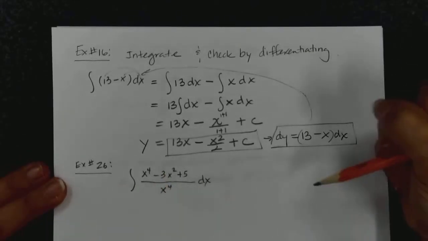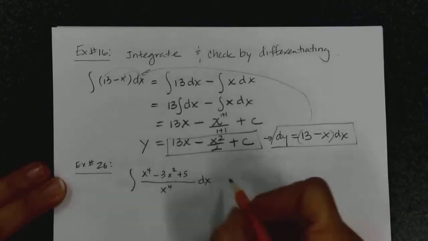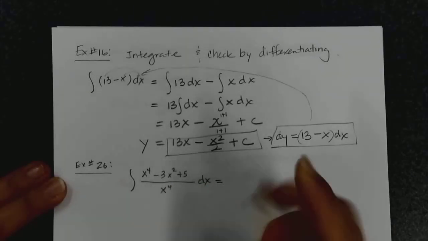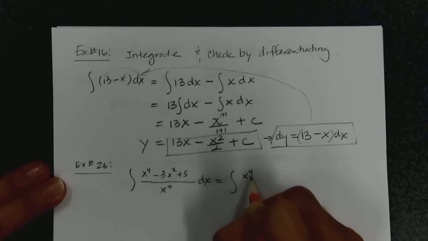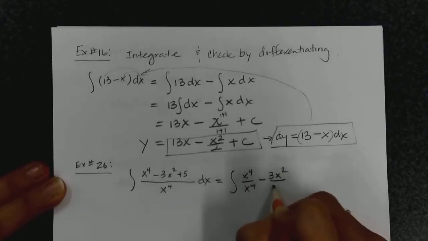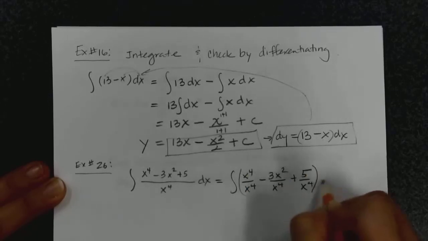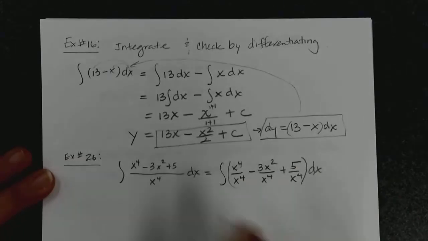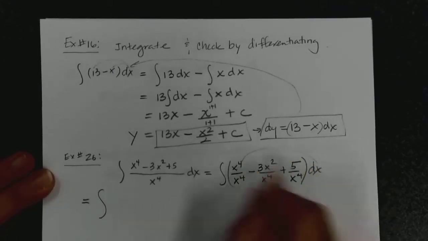Now, here's an interesting one. Because integration doesn't have a product rule or quotient rule like derivatives, what we have to do is rewrite this and separate into three fractions. So this becomes x to the 4th over x to the 4th minus 3x squared over x to the 4th plus 5 over x to the 4th dx. And then if I simplify this, what I get is 1, and I'm going to pull that out.